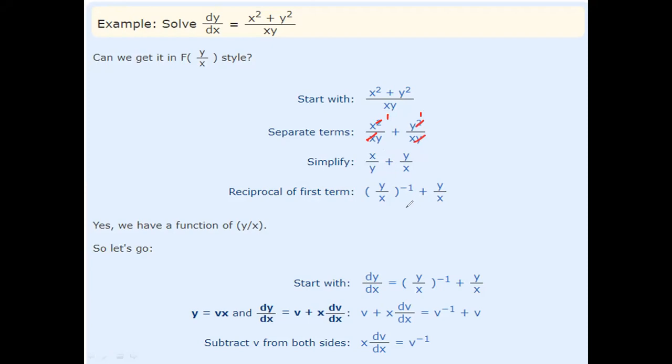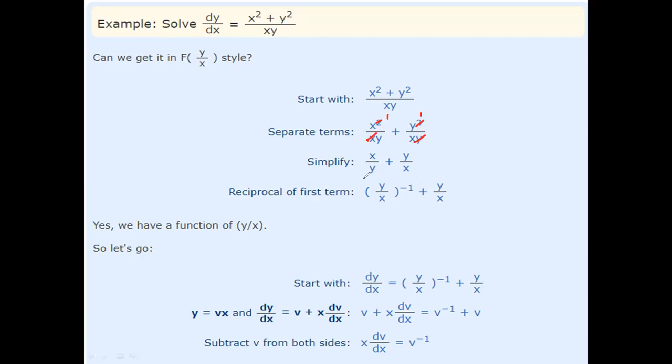If we get the reciprocal of the first term, that would be (y over x) raised to negative 1, plus y over x. Why do that? Since you already have y over x here, they will both be uniform as y over x. Because if this is written as a denominator, because of the exponent of negative 1, it would look like x over y.